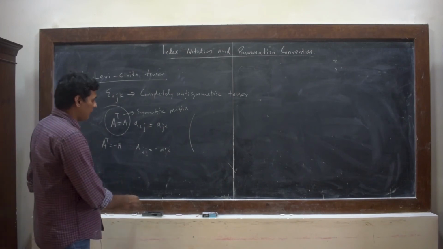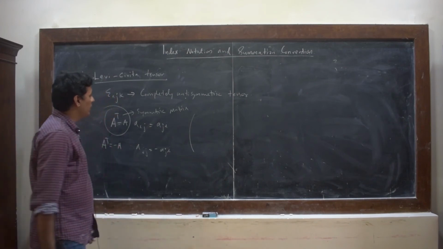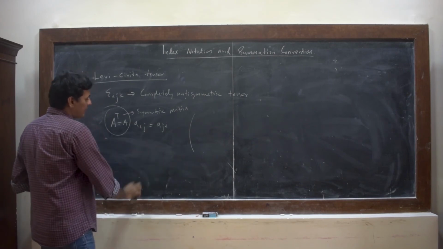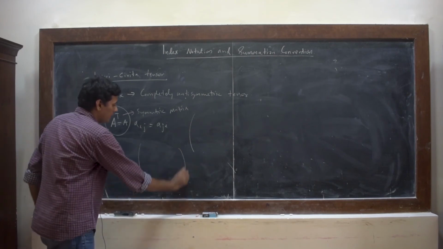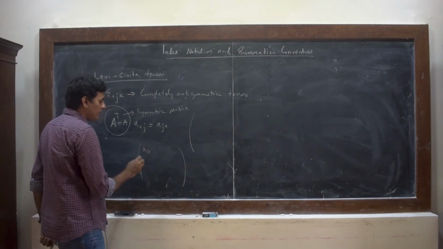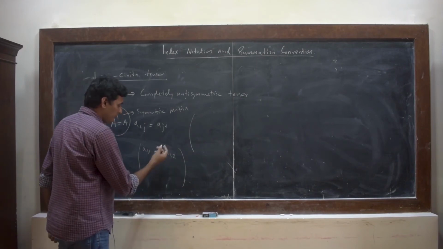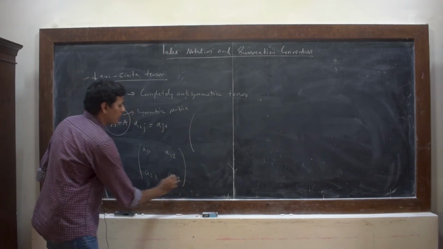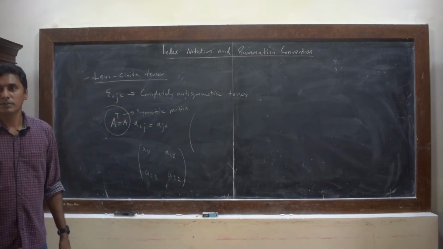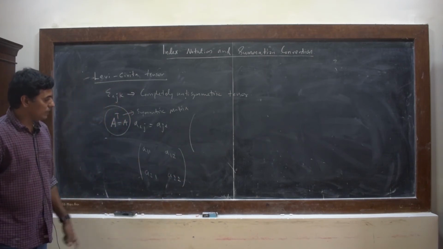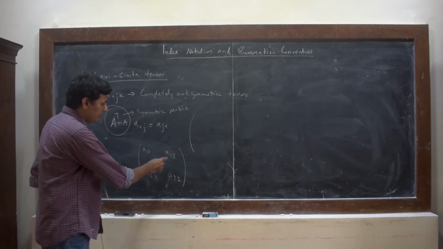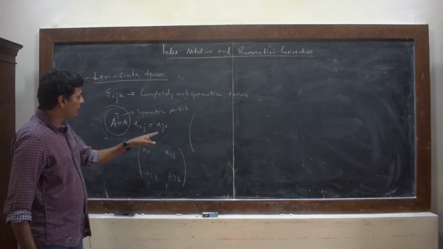Okay, so let us count the number of independent elements of a symmetric n cross n matrix. Let us take a 2 cross 2 matrix. If it is a symmetric matrix, you will have, as I said, A11, A12, and A21, A22, like this, right? In this context, you can see that if it is a symmetric matrix, Aij must be equal to Aji.